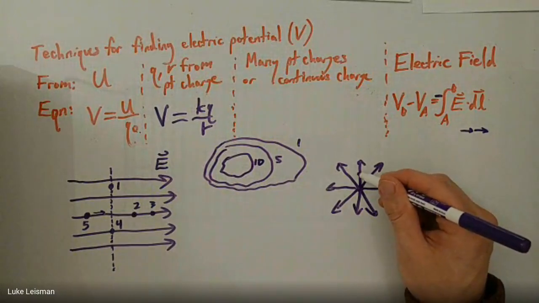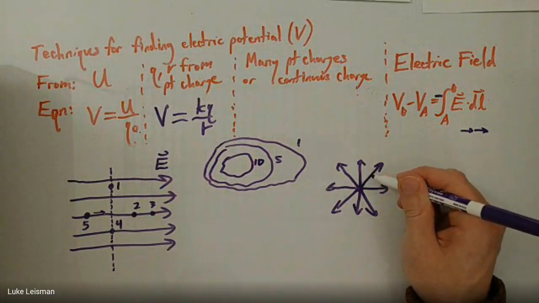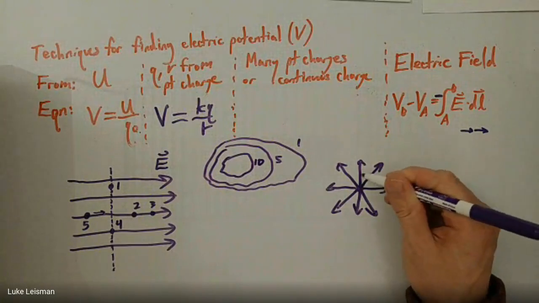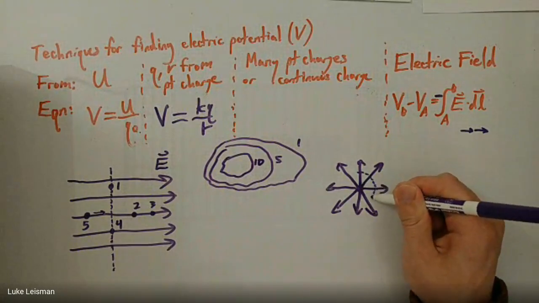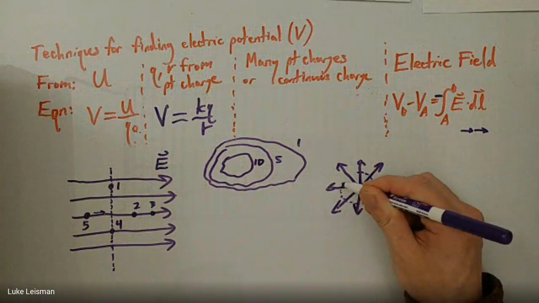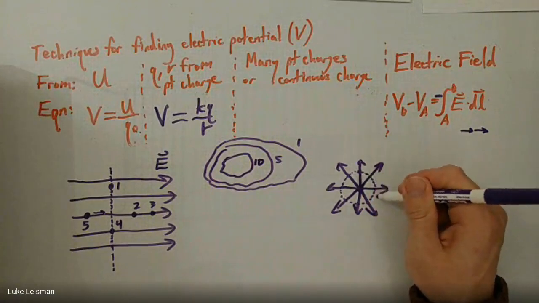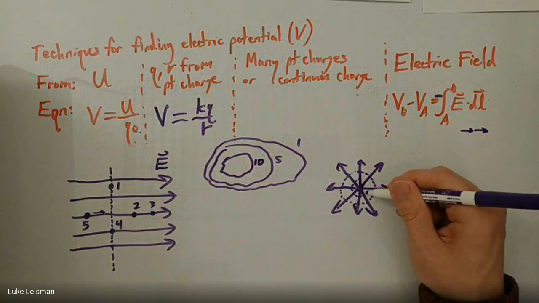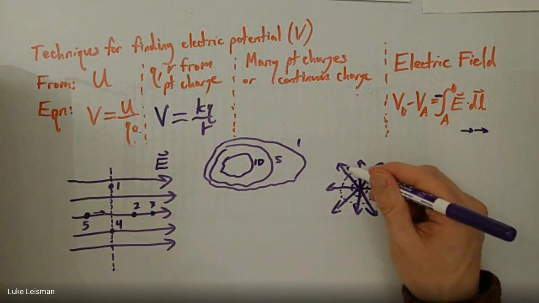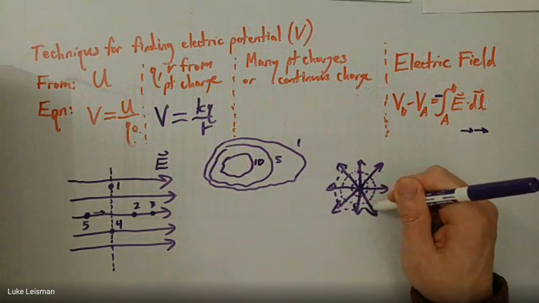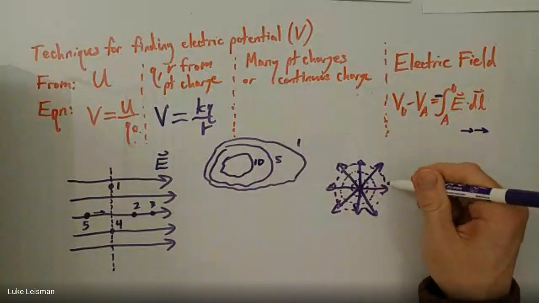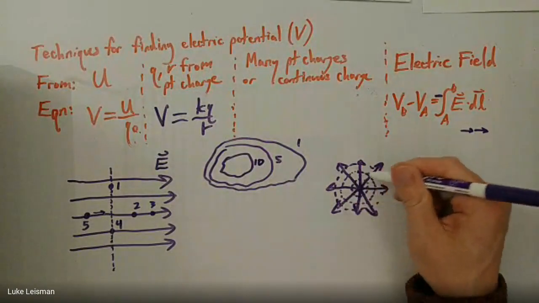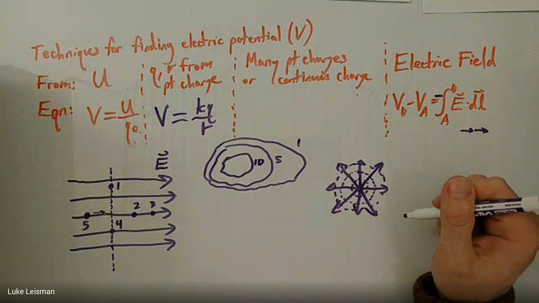Well, that would be lines that are perpendicular to the electric field lines, and that would be circles around this. Everywhere along this circle would have the same value of potential. Everywhere in here would have a higher value of potential. Everywhere here would have a lower value of potential. But everywhere along that circle would be an equipotential surface.